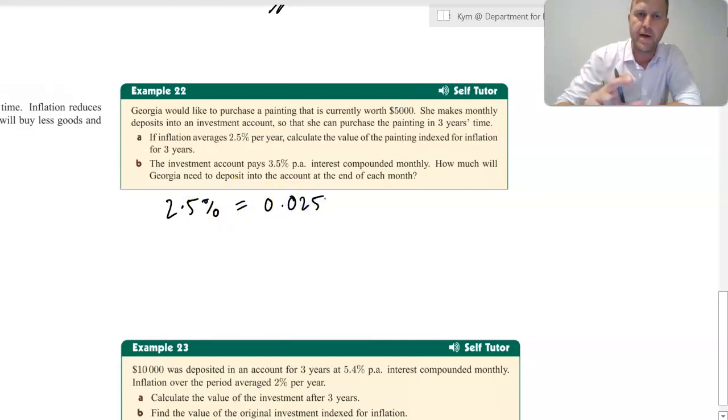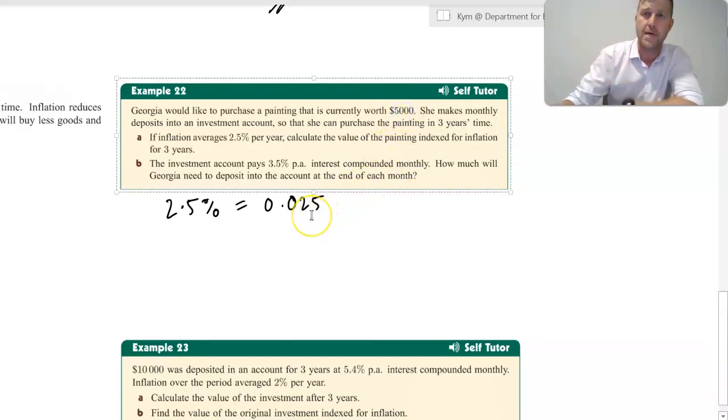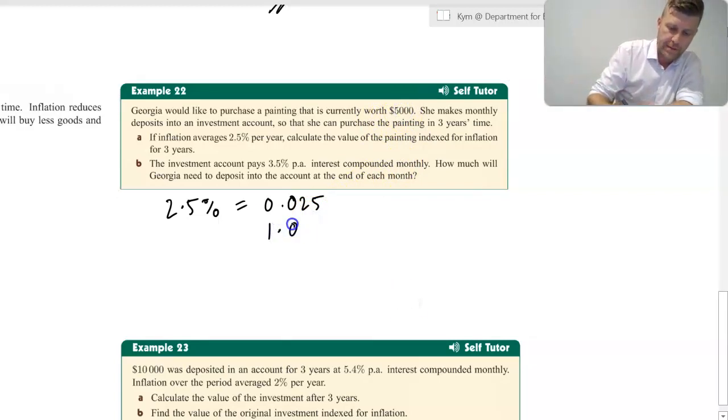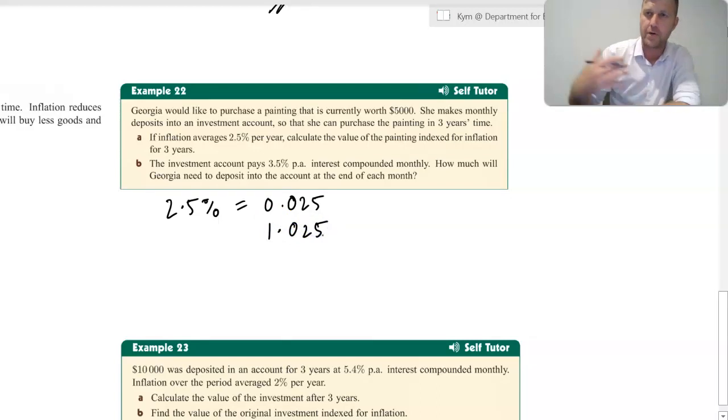Now, I'm not just going to multiply $5,000 by 0.025, because there I'm only working out 2.5% of $5,000. I want to increase the $5,000 by that 2.5%. So I'm actually going to multiply it by 1.025, which is essentially multiplying 5,000 by 102.5%.